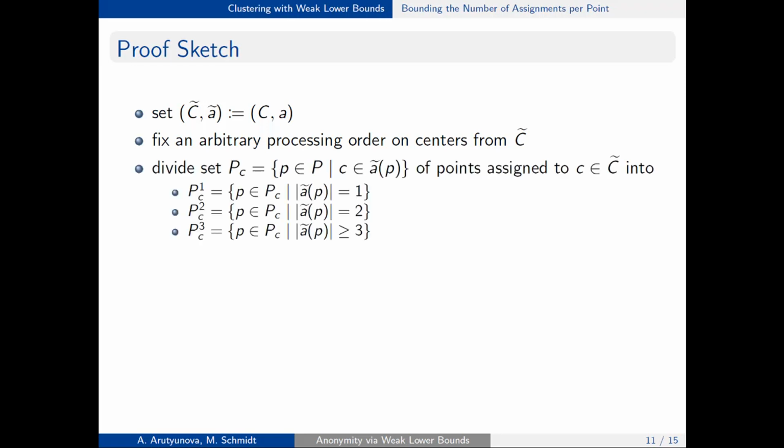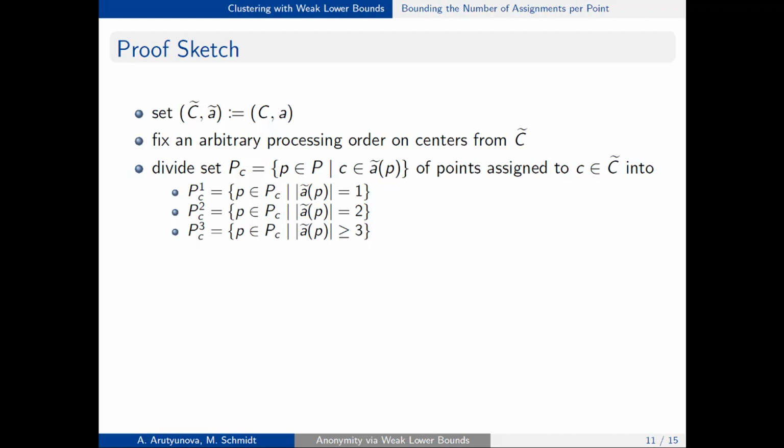We then consider the set PC of all points which are assigned to C by the assignment A tilde, and divide it into the 3 sets PC1, PC2 and PC3, where PC1 contains the points which are assigned exclusively to C, PC2 contains the points which are assigned to C and some other center, and PC3 contains the points which are assigned to C and to at least 2 other centers.